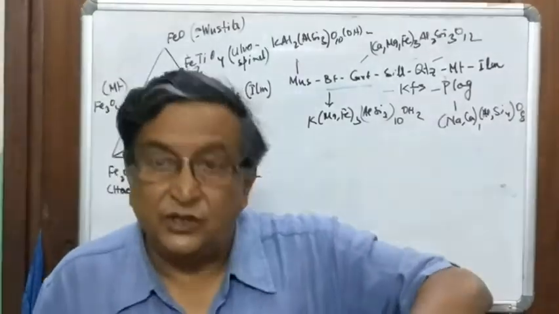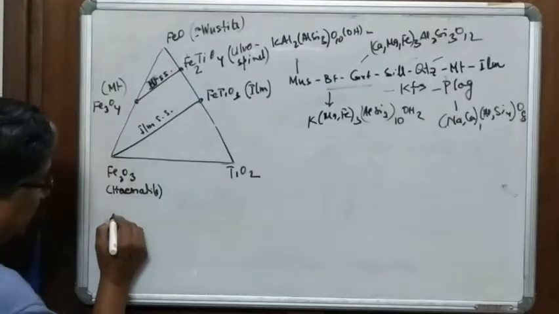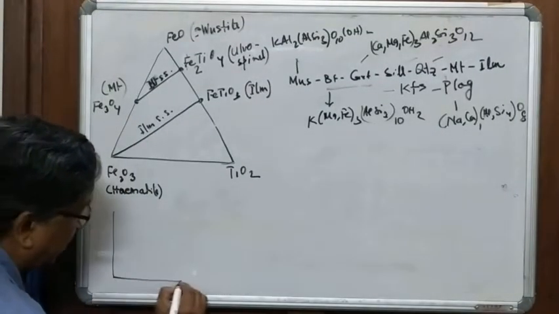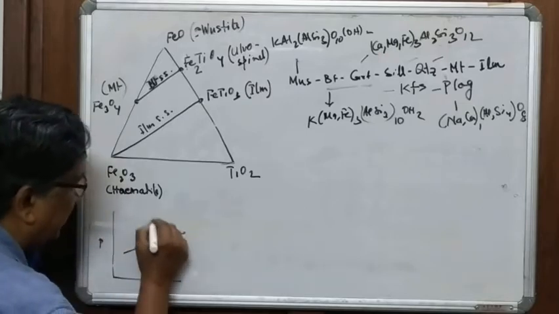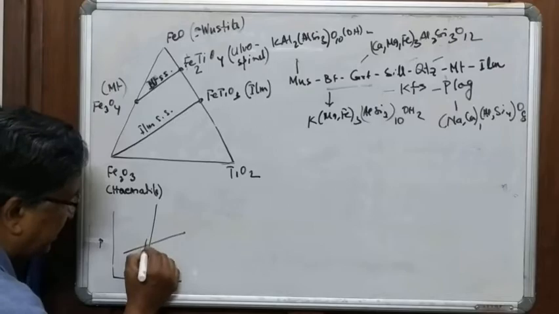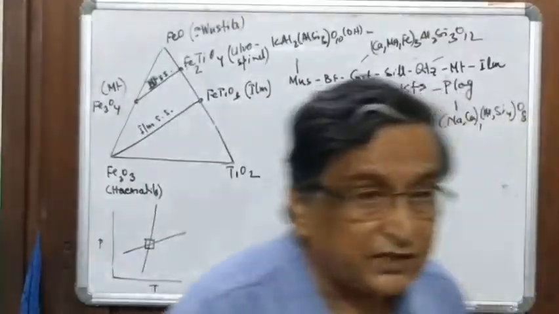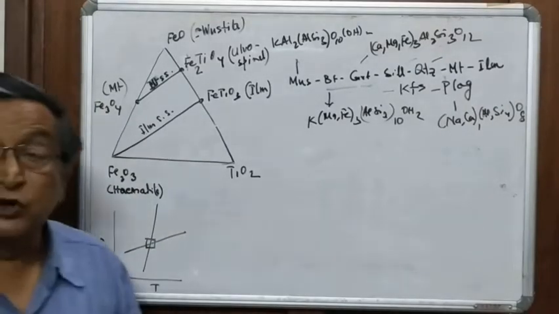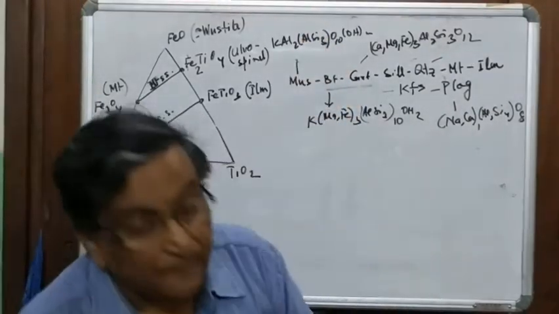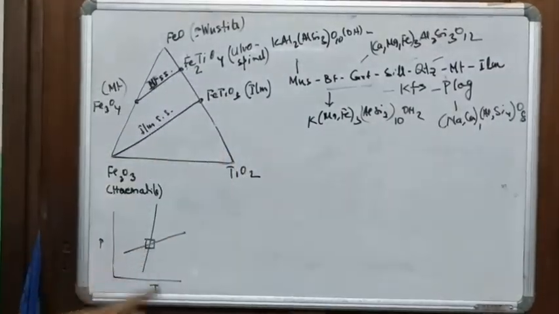You have done with it, you have found out the pressure-temperature condition. So somewhere in your book, this is the temperature and this is the pressure, and you have taken a particular reaction, another reaction, and you have come to this point. You have a pressure-temperature condition. Now your objective is, okay, I have the pressure-temperature condition. What more can I extract from the mineral assemblage for that equilibrium pressure-temperature condition?